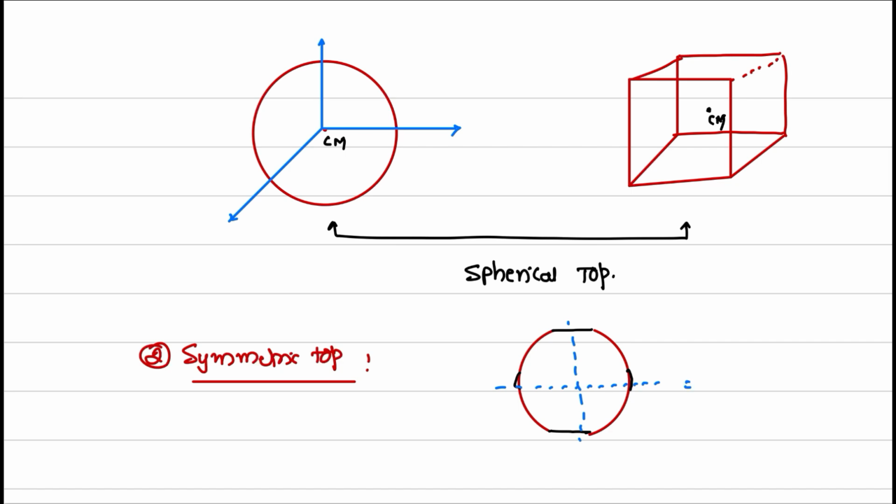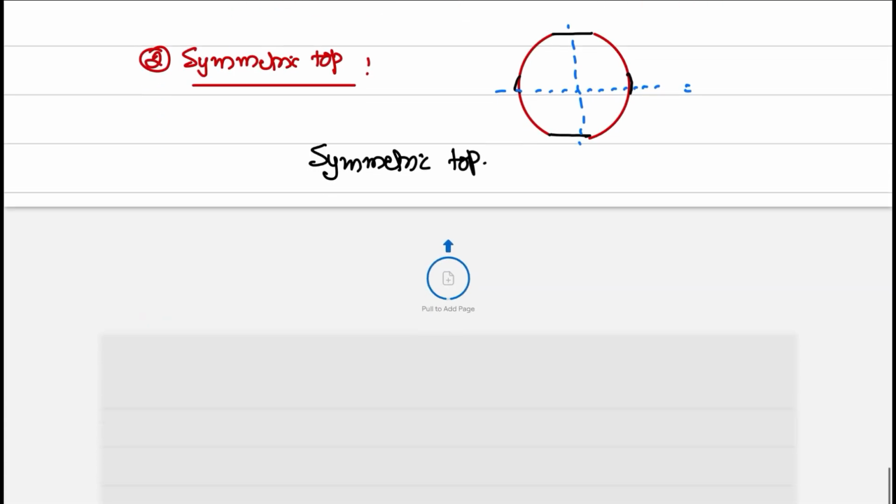This type of structure is called a symmetric top. In the symmetric top, two principal axes are same, I1 is equal to I2, but the third is not equal to them.